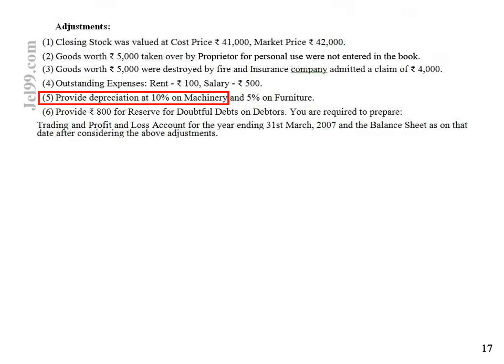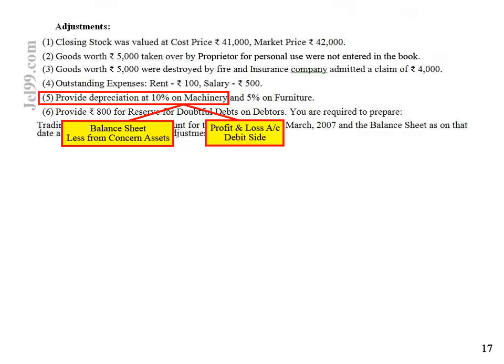It has two effects. Its first effect is shown in balance sheet, less from concerned assets, and its second effect is shown in profit and loss account debit side, and calculation of depreciation is done as follows.